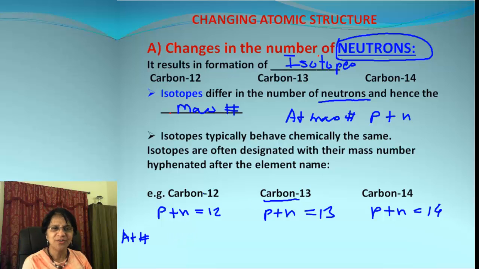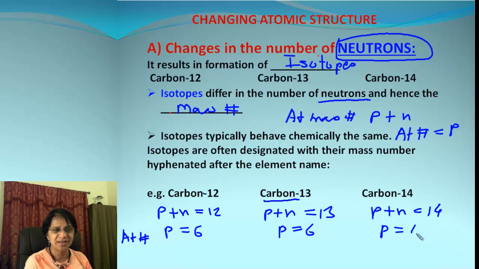What information do we get from the atomic number? Atomic number is equal to the number of protons. The atomic number for carbon is 6, so we can write down protons is 6 for each of those. That gives us the number of neutrons as 12 minus 6, which is 6 here.